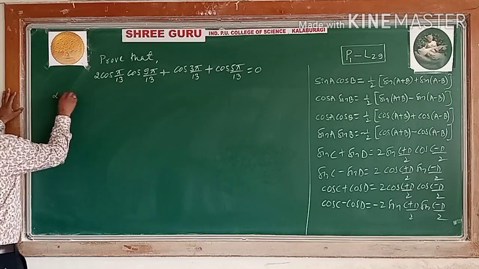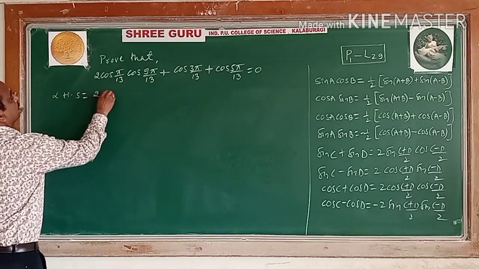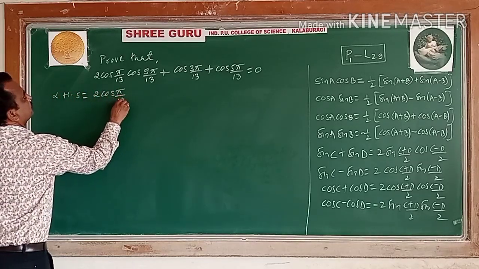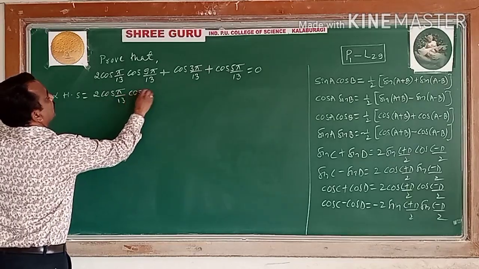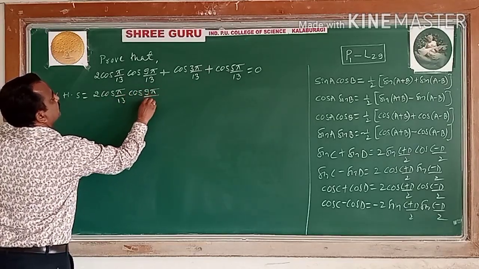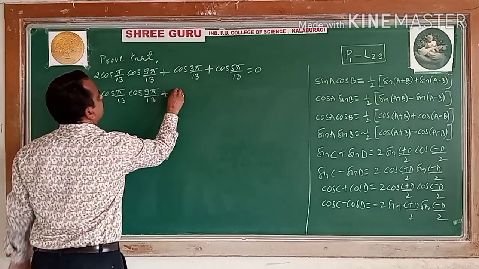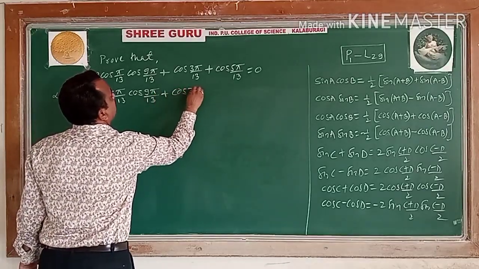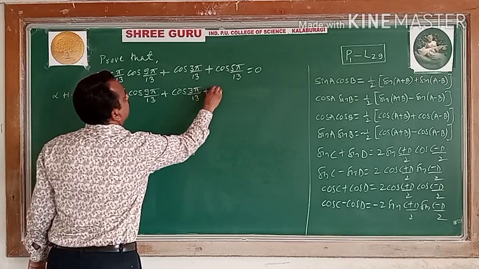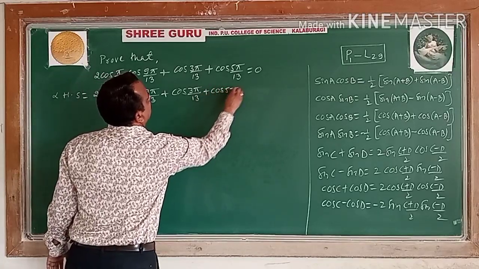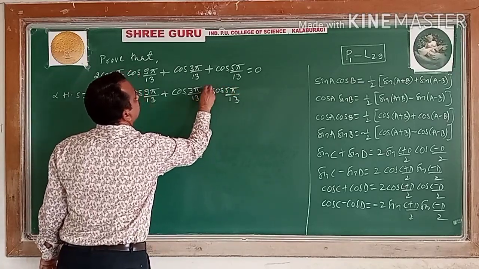LHS, we are taking LHS, is equal to 2 cos pi by 13 into cos 9 pi by 13 plus cos 3 pi by 13 plus cos 5 pi by 13.